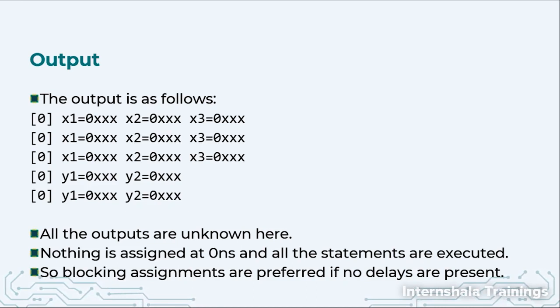If you had put the delay in $displays, you could have seen those results, but we did not do that, and that is why no assignments had taken place at that time. After that, they have definitely been done, but we are printing it immediately.